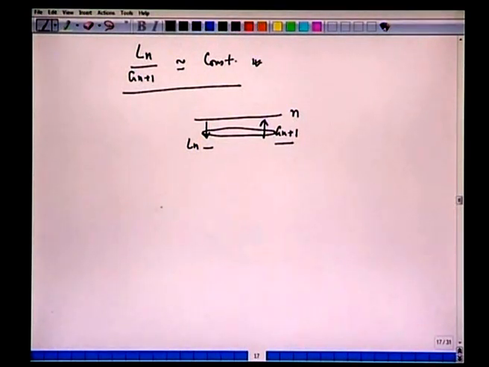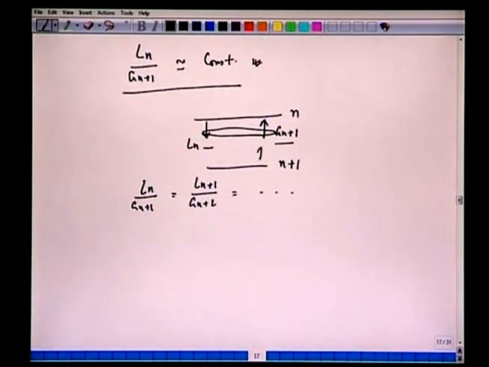And now, if you recall, we can make a molar balance between one plate and another plate, say N plus 1 here. If we do this, we can also write that Ln over Gn plus 1 is the same as Ln plus 1 over Gn plus 2, etc. The stream which arrives here is Gn plus 2, and then we have this Ln plus 1.